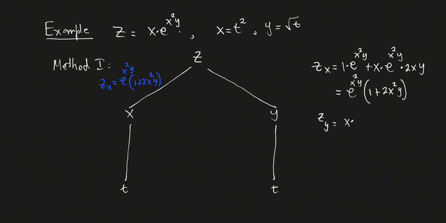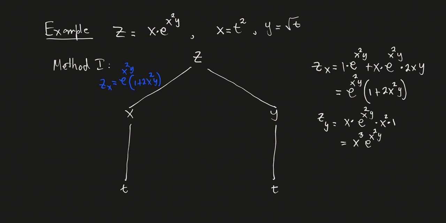I still have to use the chain rule on the e, so I'll have e to the x squared y, and now when I take the derivative of the exponent with respect to y, I bring down the x squared, and the partial derivative of y with respect to y is 1. So this one's a little bit simpler. We end up with x cubed e to the x squared y.